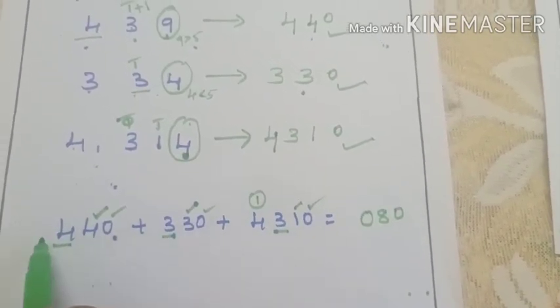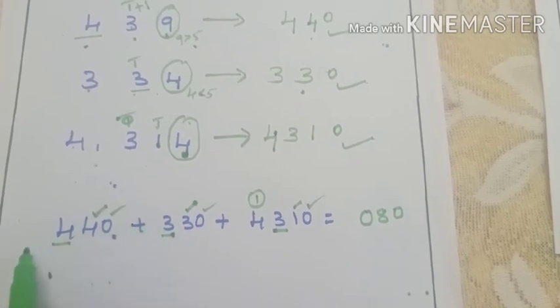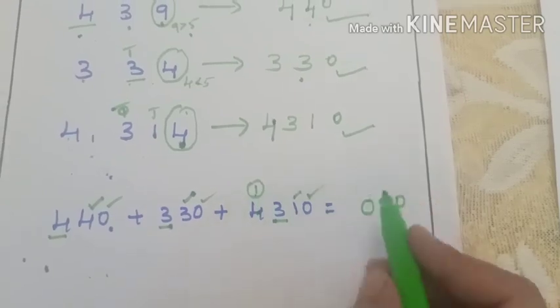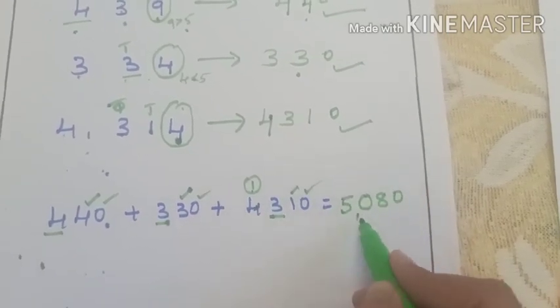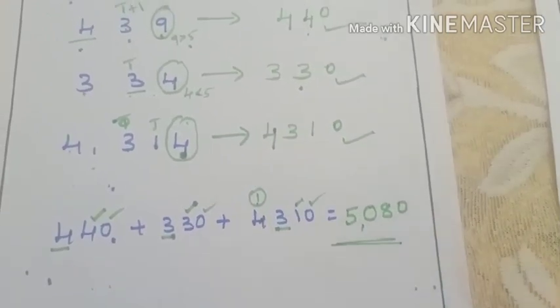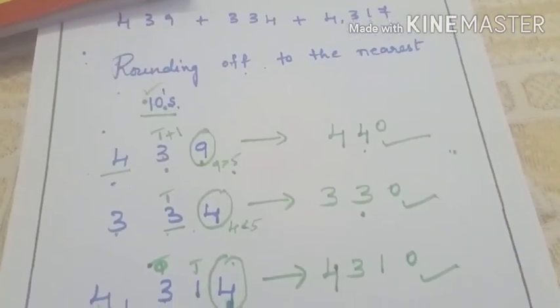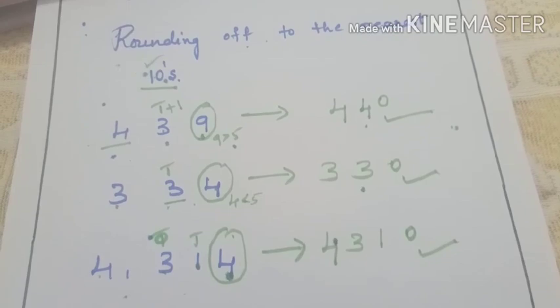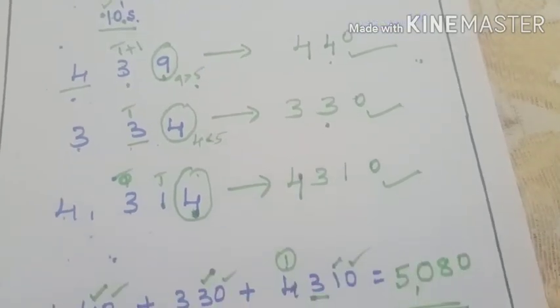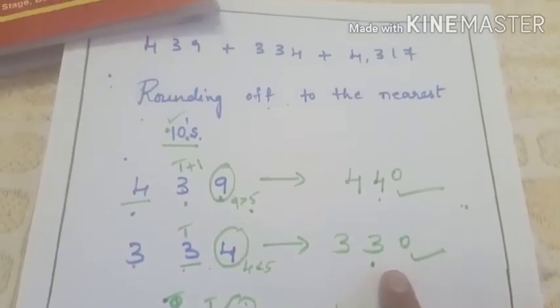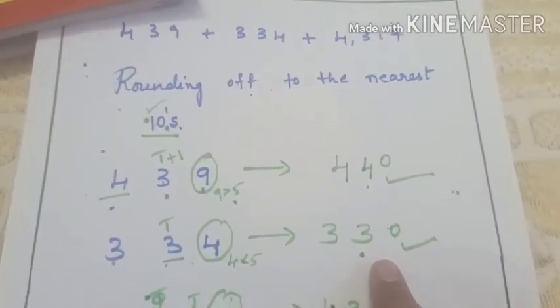Since the thousands place is not mentioned, it's enough to count. 4 plus 1 is 5. It becomes 5080. Fine. So this is your final answer, 5080, when it is rounded off to the nearest tens place.